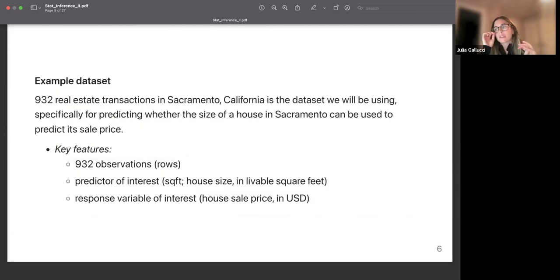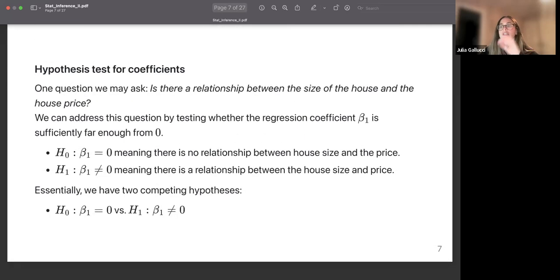Going back to the example data set that we used with linear regression, we're now going to illustrate how hypothesis testing can be applied in practice. First, let's consider a really simple question: is there a relationship between the size of a house and its sale price? To answer this, we use hypothesis testing in the context of linear regression. Specifically, we examine the regression coefficient, these beta values.